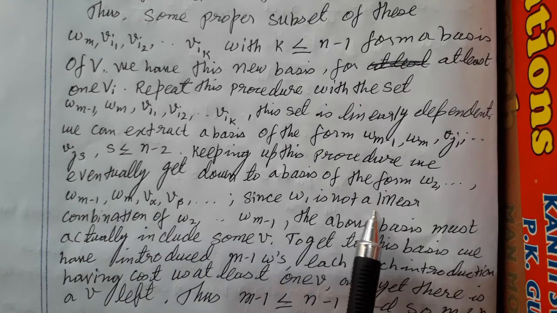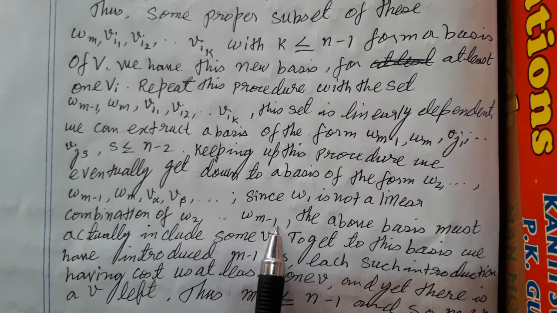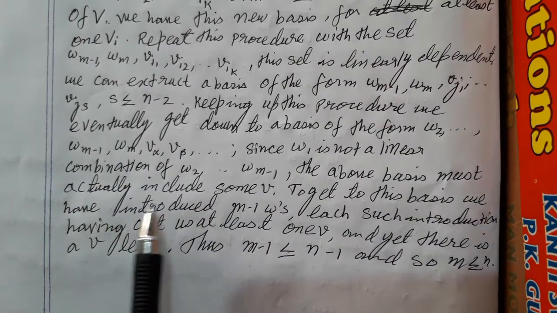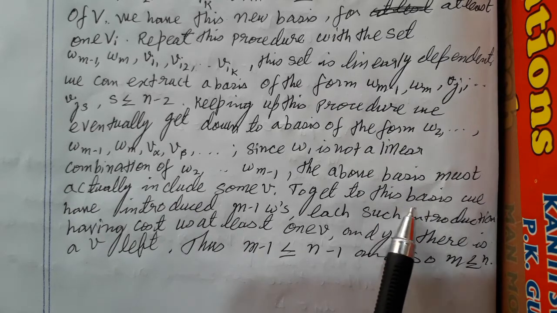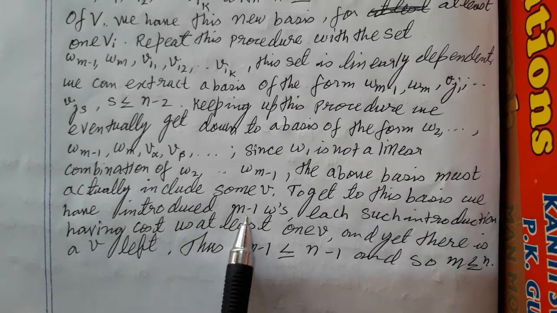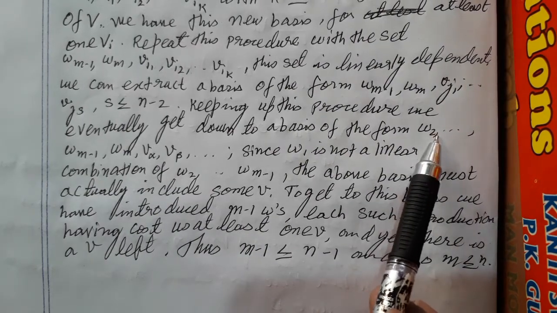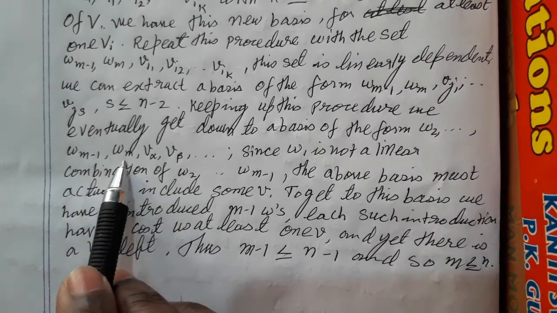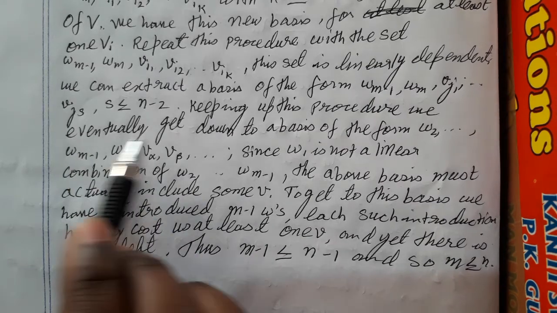Since w1 is not a linear combination of w2 till wm minus 1, the above basis must actually include some v. To get to this basis, we have introduced m minus 1 w's, from w2 till wm.